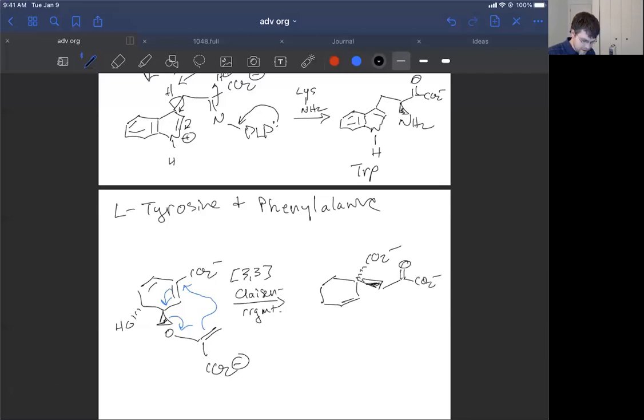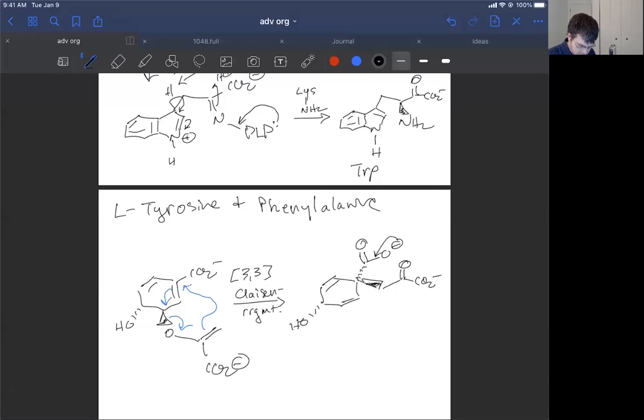Okay. So we're at this stage now. After that Claisen rearrangement, the OH in this position. All right, I guess I need to draw my carboxylate out. Sorry, I try to pay attention to when I need to do that, but it's just so much easier for the most part just not to.